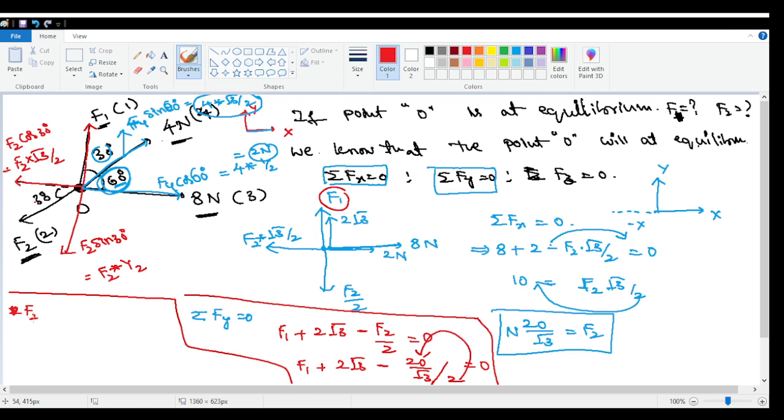So F1, I am not multiplying this one, F1 plus 2 root 3 minus 40, minus 40 only? 40 by root 3, that is equal to 0. Now I am taking the LCM as root 3. So that is equal to root 3 F1 plus 2 minus 40, is it correct? Am I doing any mistake? Divided by root 3, that is equal to 0.